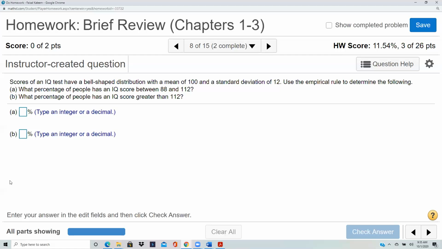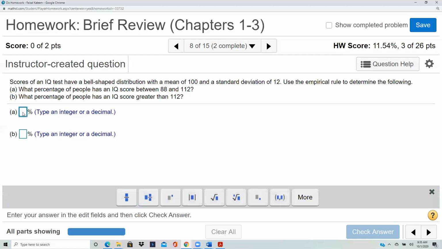And with the next one, for the in between, you just use whatever you're getting from the empirical rule. Like this was 1 standard deviation, so you would get the 68. But if you are talking about greater than or less than, then what do you do?